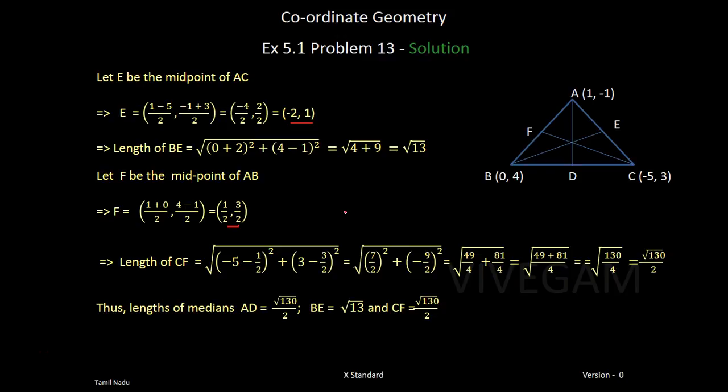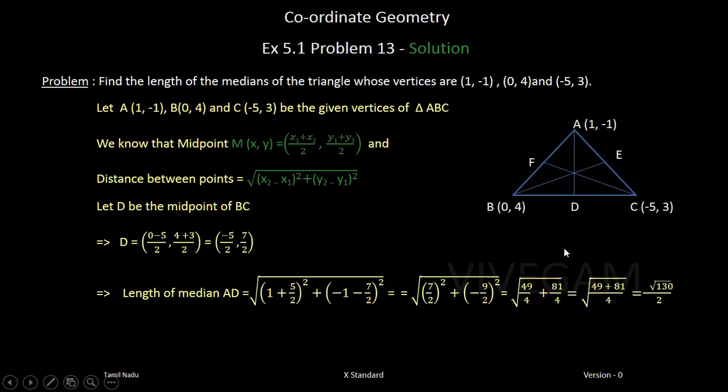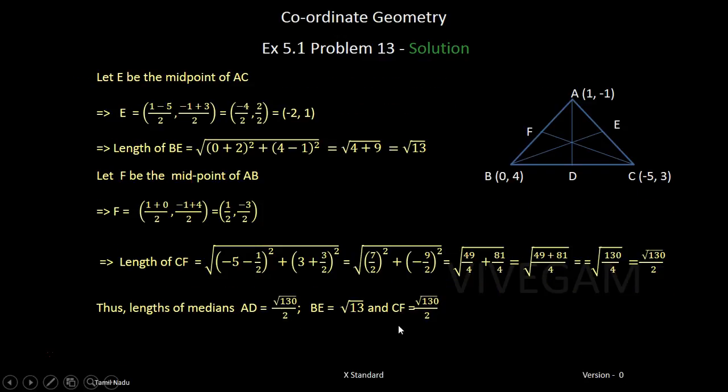Now we know this. All you need to do is find the distance. We will have to find the difference of the x coordinates, right? So we'll have to find CF. So that will be minus 5 minus half, the whole square. For the y coordinate it will be 3 minus of minus 3 by 2, so it will become 3 plus 3 by 2.